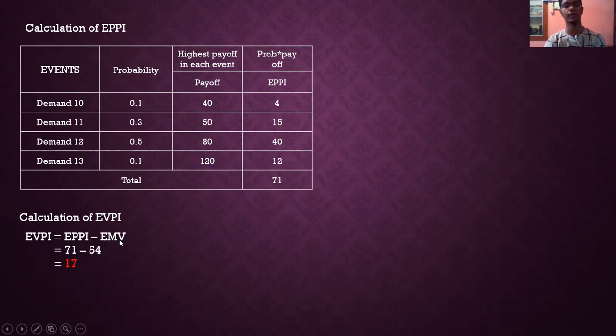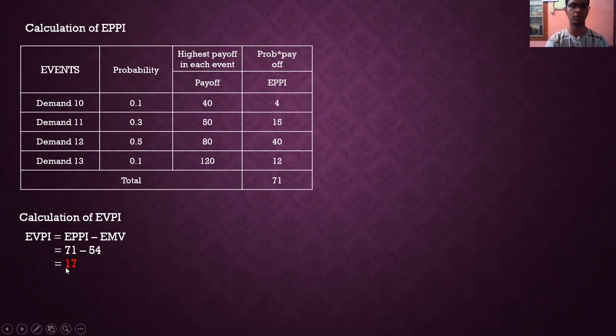For EMV, we have to go back to the EMV table and check the total for each particular stock, and whichever is the highest, that particular value we have to write. In the EMV table, the highest value we got is for stock 40, which is a total of 54. So that 54 we are writing here. Then we subtract: 71 minus 54 will give us a value of 17. So now we got the value of EVPI as well, which is 17.